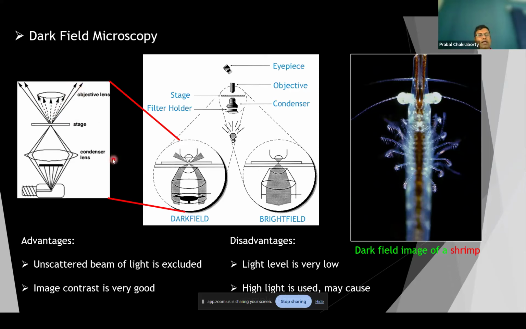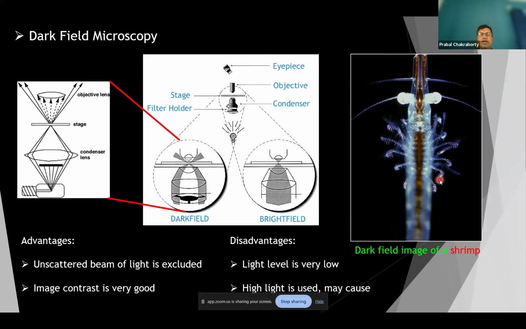When we see a sample under that dark field condition, the background of the sample, the outer part, is totally dark, and you can see the sample details very clearly, the projections or some other things. So sometimes dark field microscopy is used for some specific applications.